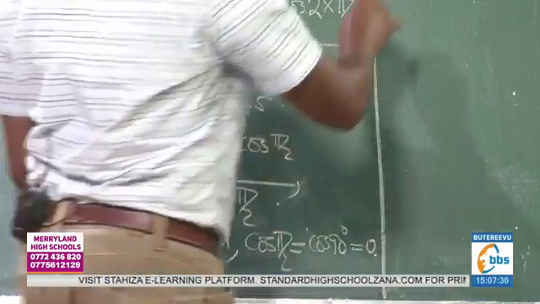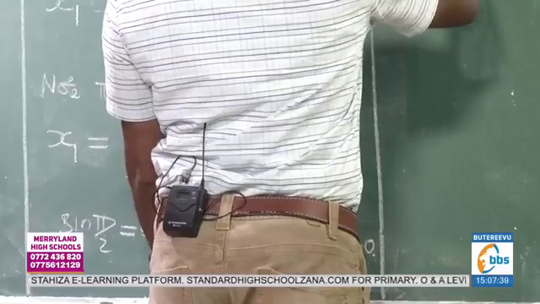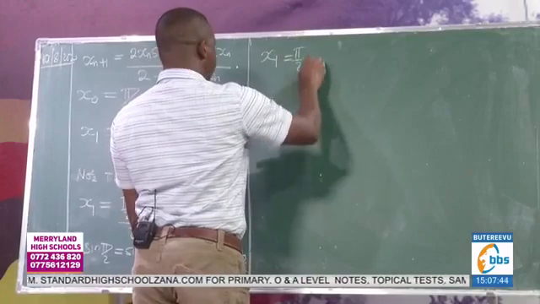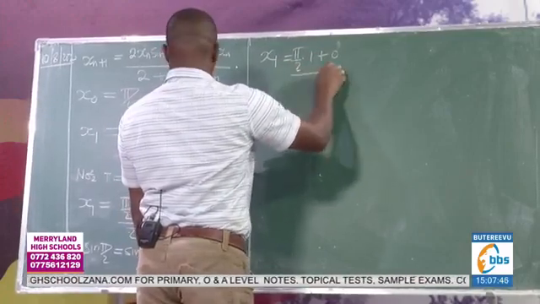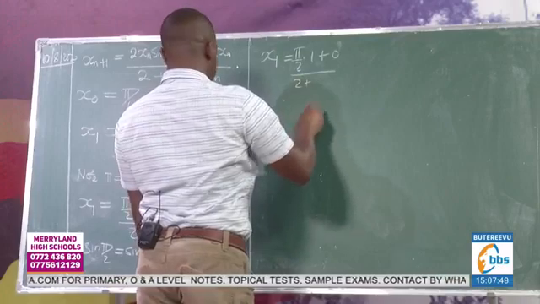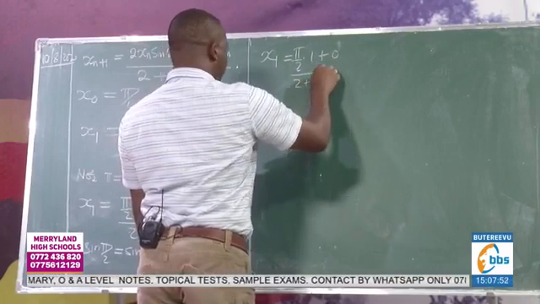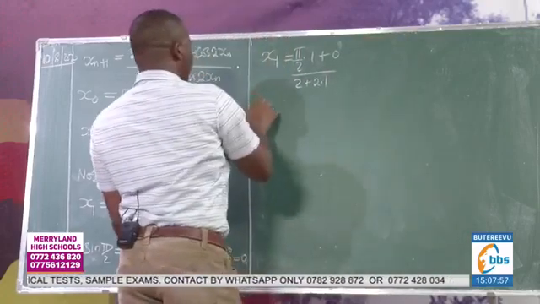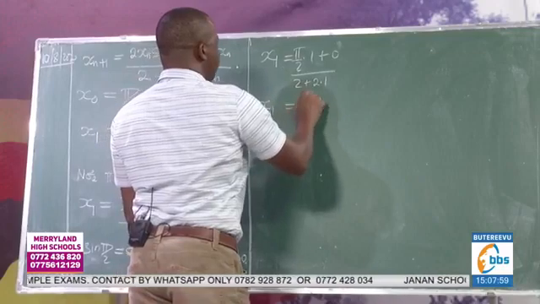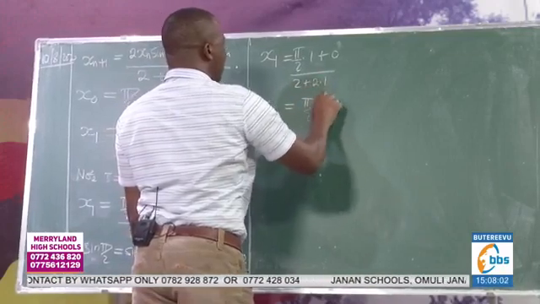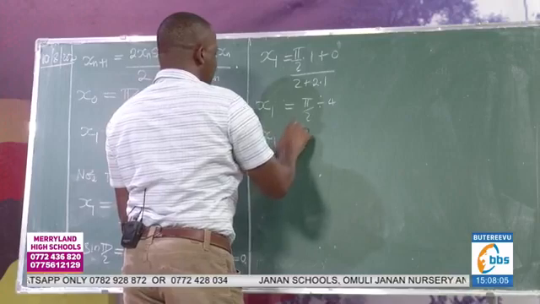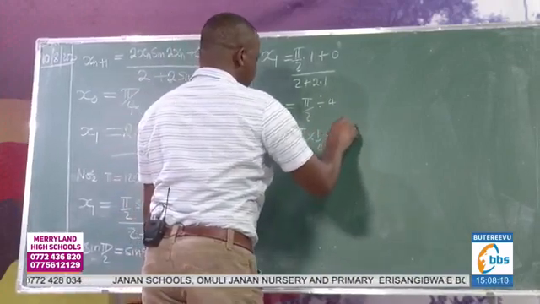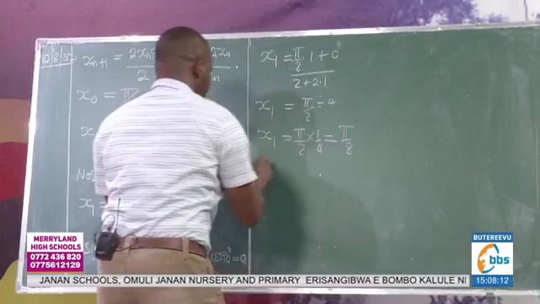Therefore, if I substitute finally with that knowledge, my x1 will be pi over 2 times 1 plus 0, over 2 plus 2 times 1. If I complete this, my x1 will become pi over 2 divided by 4, which is rearranged to give us pi over 2 times 1 over 4, which eventually gives us pi over 8.